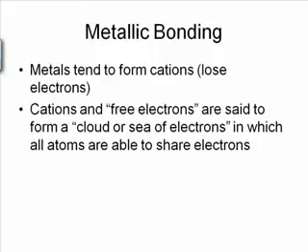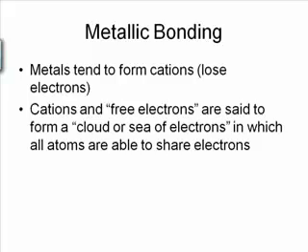So let's look first at metallic bonding. When you were studying ionization energy, you should have observed that metals have low ionization energies. It doesn't take much energy for them to give up their valence electrons. So in a metallic bond, they do form cations, but the unique thing is that these electrons are not transferred to something else.